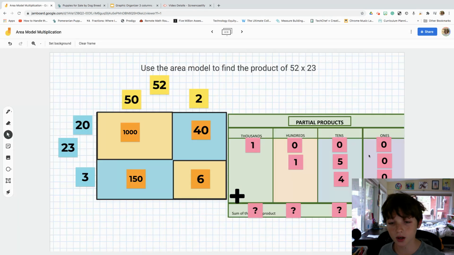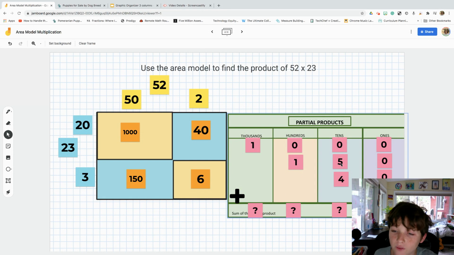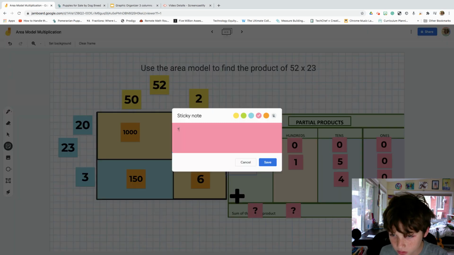Now that we've written down all of our partial products, we shall add them together. 1,000 plus 100, 1,100. And then 5 plus 4 equals 9. So 90. Because you just add the 0 from them.